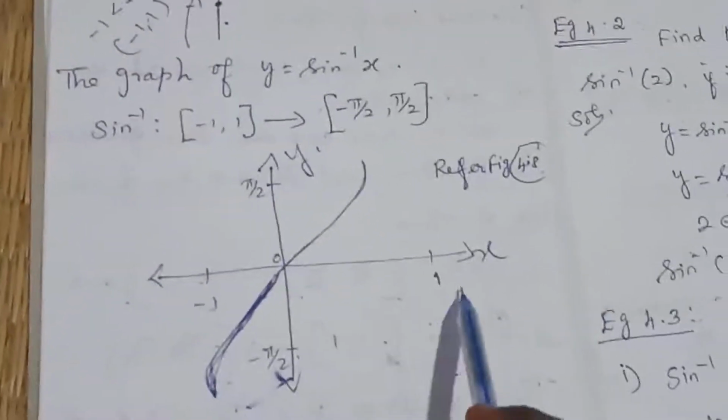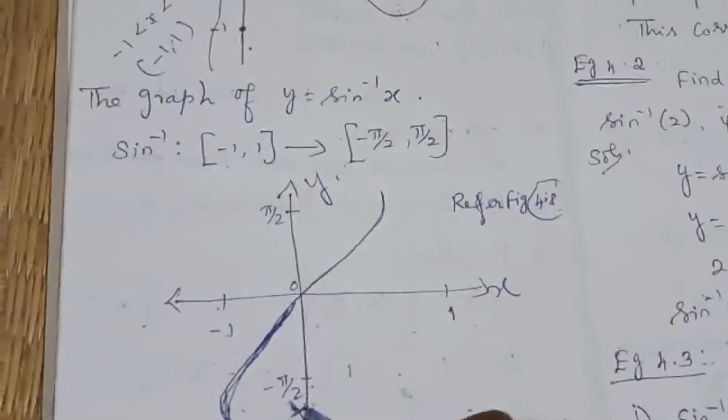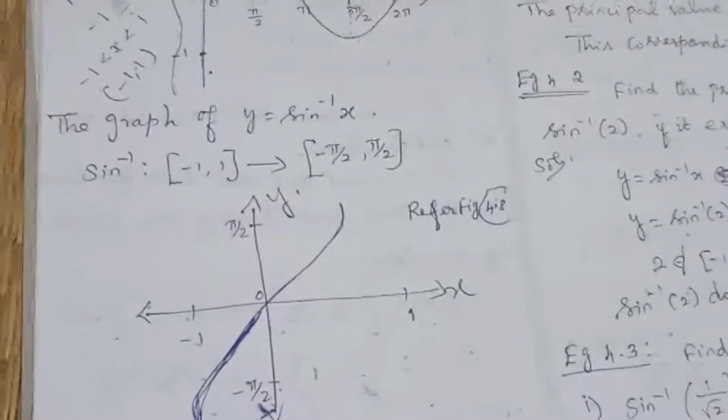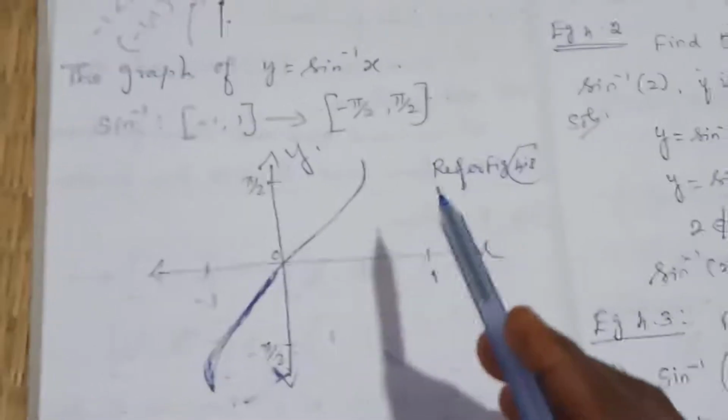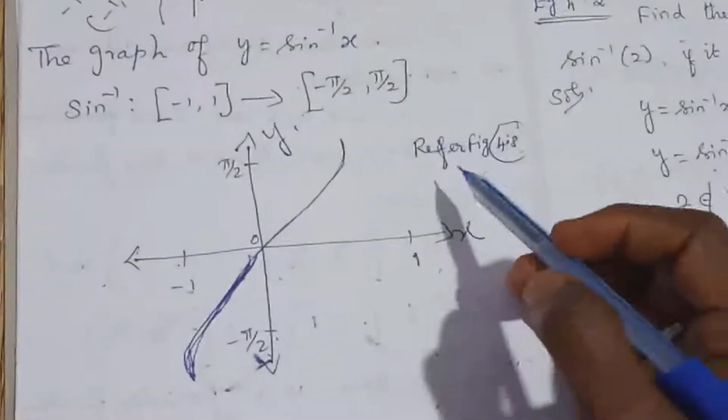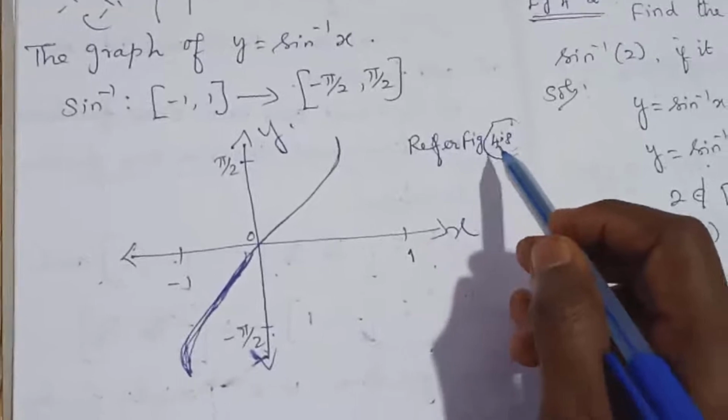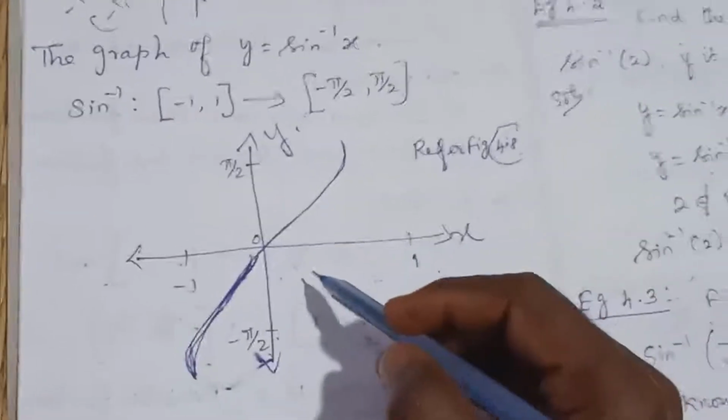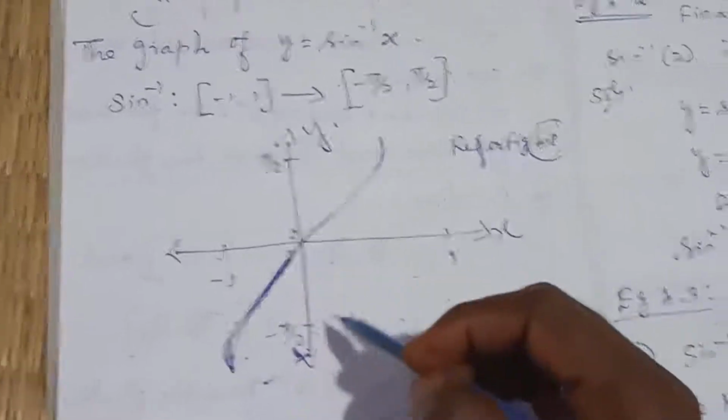So -1 to +1 and -pi by 2 to +pi by 2. This is the sin inverse of x graph. This is a single line. If you want to refer, refer to figure 4.8. That is enough to draw the sin inverse of x graph.